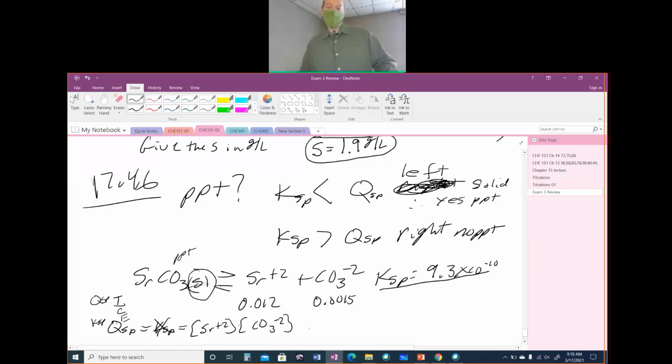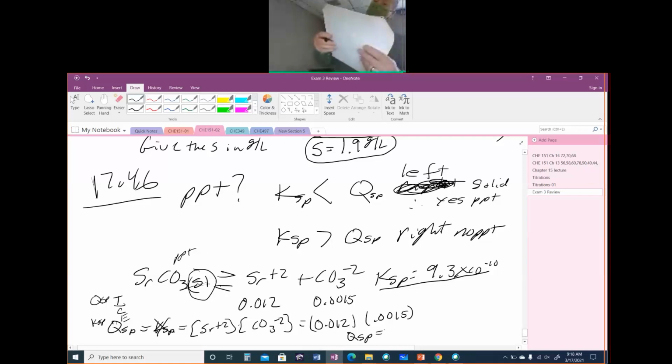We are finding the QSP, and we're going to compare it to our KSP. So we simply put in our numbers, 0.012 times 0.0015, and we get a QSP when we multiply those two numbers of 1.8 times 10 to the minus 5.